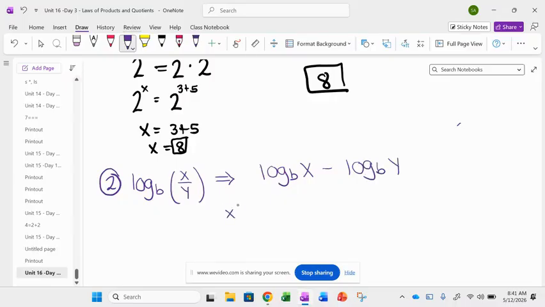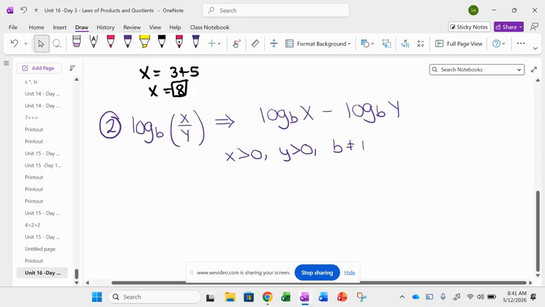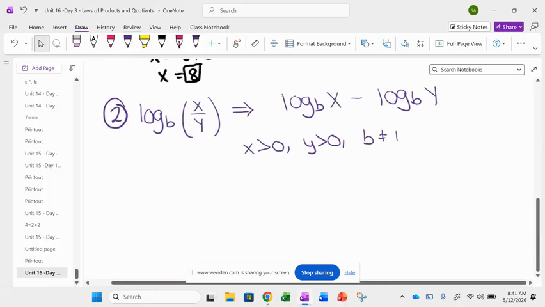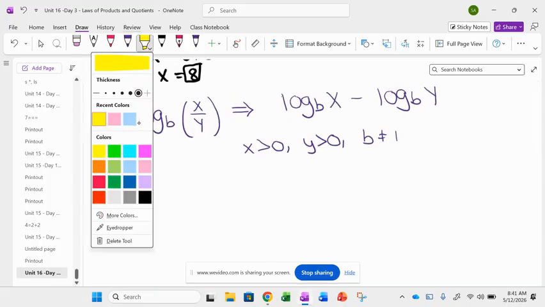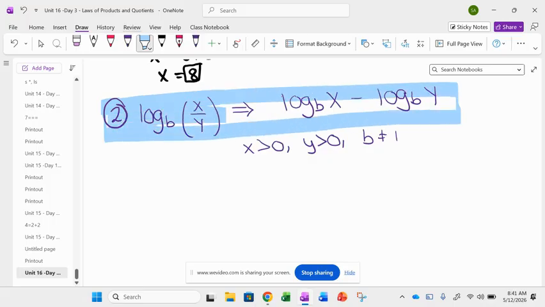And the same restrictions that we've been having still occur. x has to be greater than 0, y has to be greater than 0, and b cannot equal 1. And I'm going to give you an example here. But this is the formula we sort of need to memorize, or the rule, not really a formula, the rule we need to know.